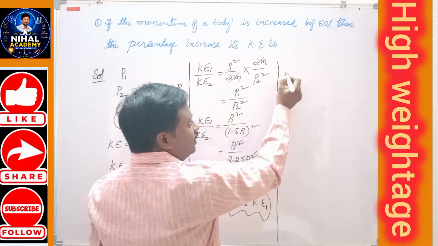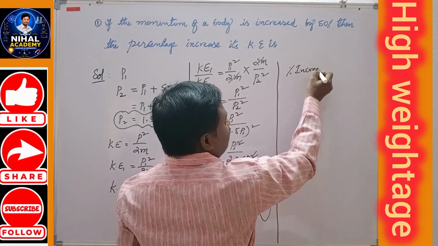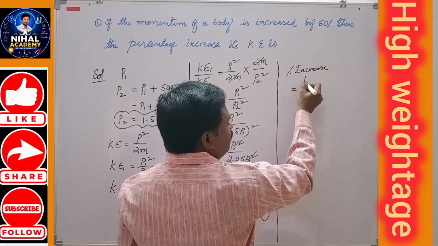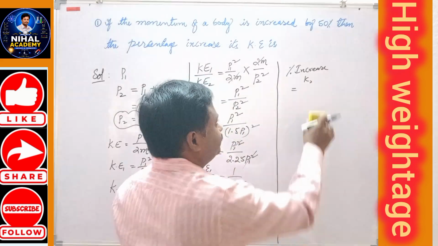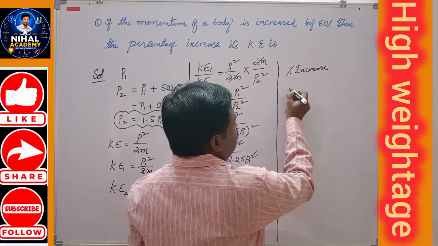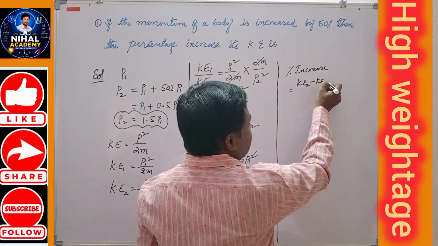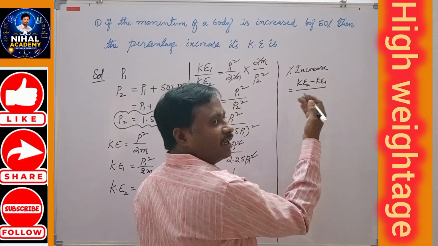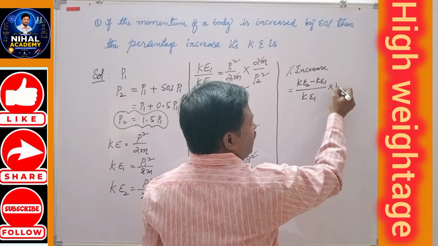We know the formula: percentage increase is equal to KE2 minus KE1 divided by the initial kinetic energy KE1, into 100.